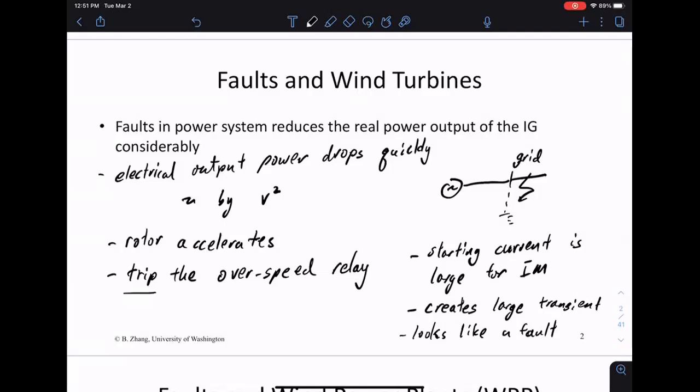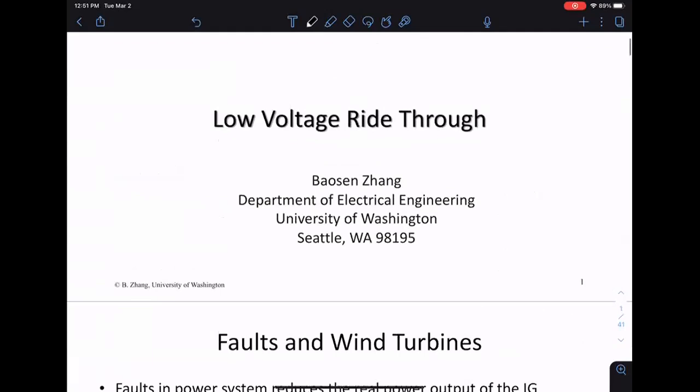So now that's the reason why we call it ride through, right? So we're going to do low voltage ride through, because the idea is if the voltage is low, it means there is a short ground fault. We want the turbine to ride through, to have the machine not completely decouple from the grid, and then have to restart the machine.